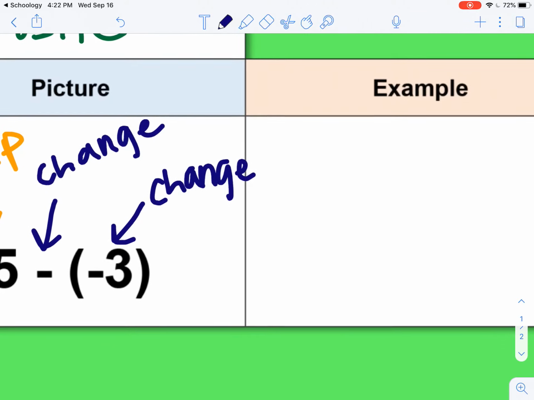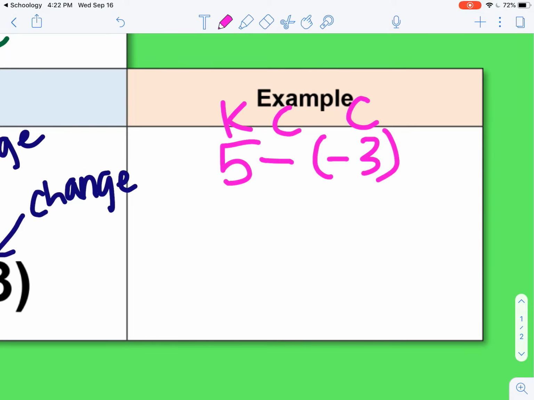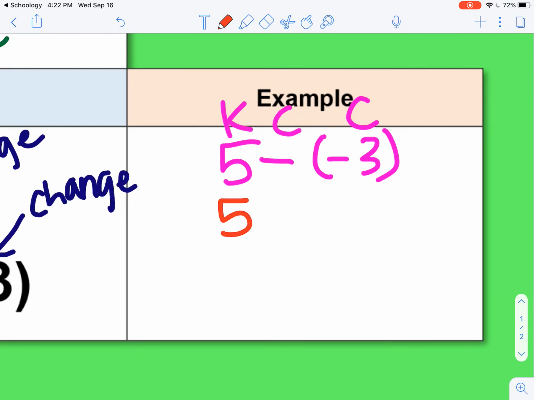Okay, so let's practice this. I'm going to rewrite the same problem. 5 minus a negative 3. It always helps me to label keep, change, change. So my 5 is going to stay the same. But now I'm going to change this minus sign to a plus sign.